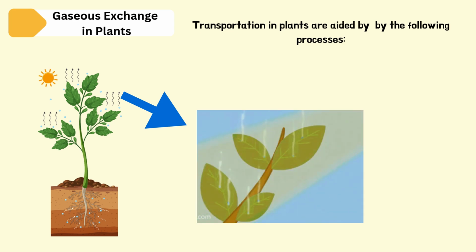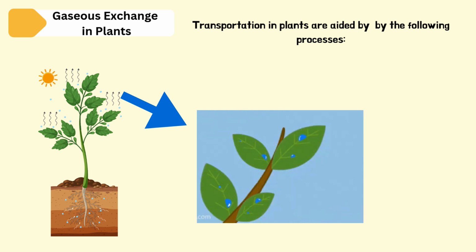The shoot system of flowering plants obtains oxygen from the atmosphere and gives out carbon dioxide and water vapor to the atmosphere through the stomata of the leaves and the lenticels in the stem, through the process of diffusion.